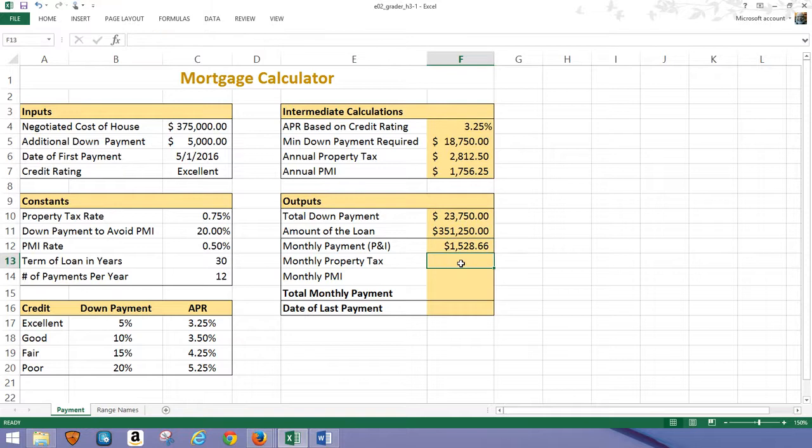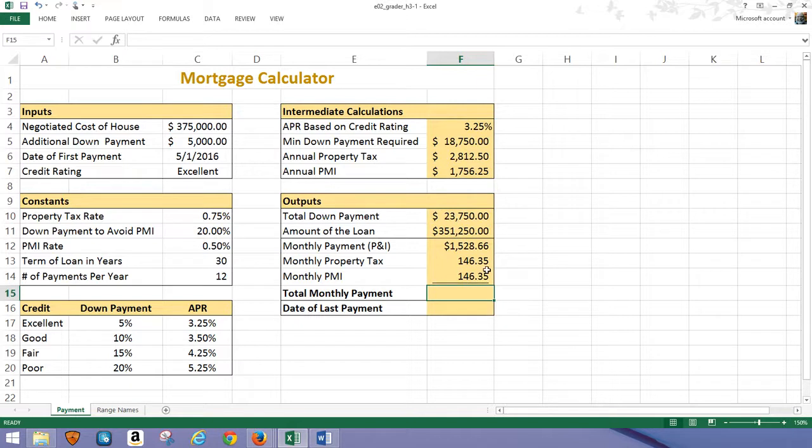Now we need our monthly property tax. Well, again, that's fairly easy. We have the annual property tax, so we just divide it by 12 to get the monthly. Monthly PMI, again, same thing. We have the annual PMI, and we divide that by 12 months.